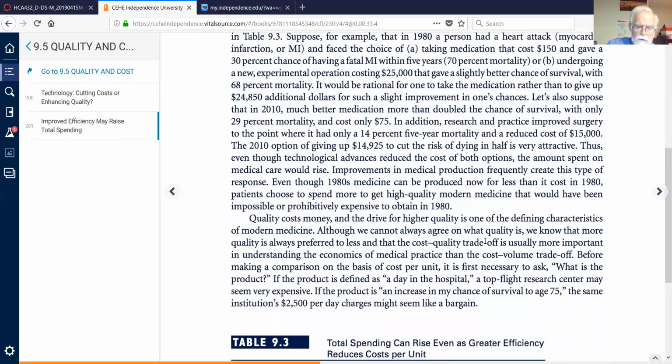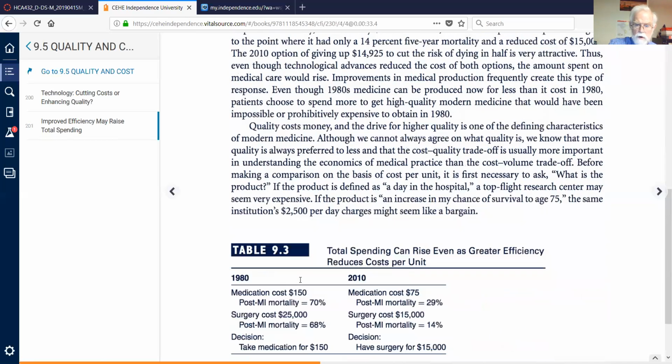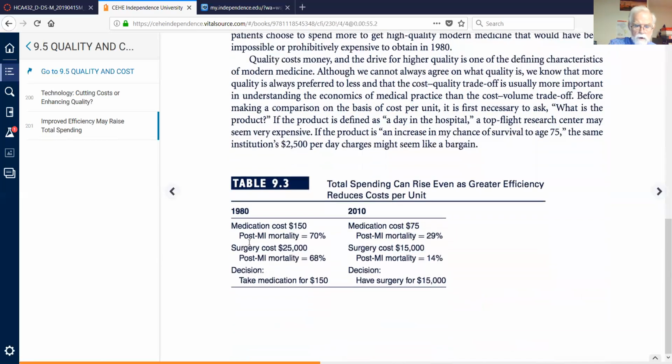Most people are going to say, I don't care if it costs me a little bit more money. I want the best care I can get because my insurance is going to pay for almost all of it. So we can see that efficient delivery of better care can actually end up costing more.